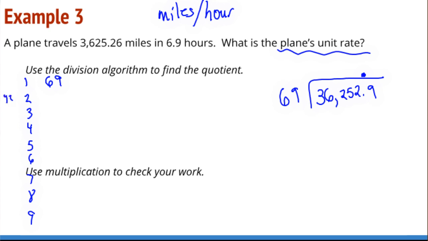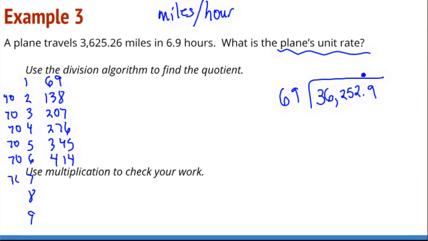So 70 times 2 is 140, minus 2 is 138. 70 times 3 is 210, minus 3 is 207. 70 times 4 is 280, minus 4, 276. 70 times 5 is 350, minus 5, 345. 70 times 6 is 420, minus 6, 414.